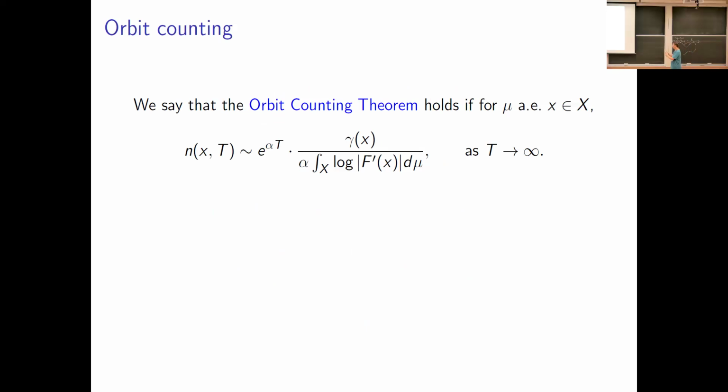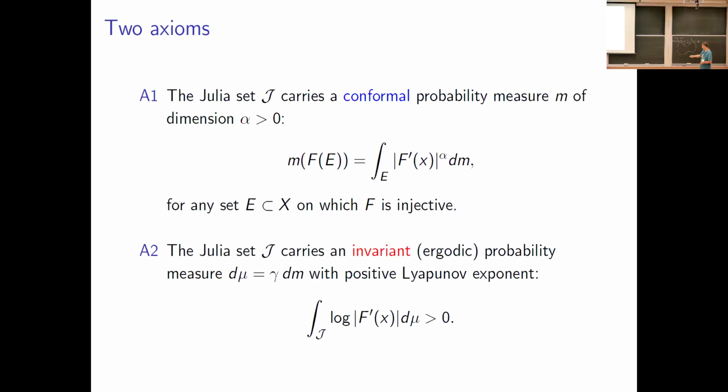We say that the orbit counting theorem holds for a rational map F if N(x,T) has the following asymptotics. Gamma is the Radon-Nikodym derivative.